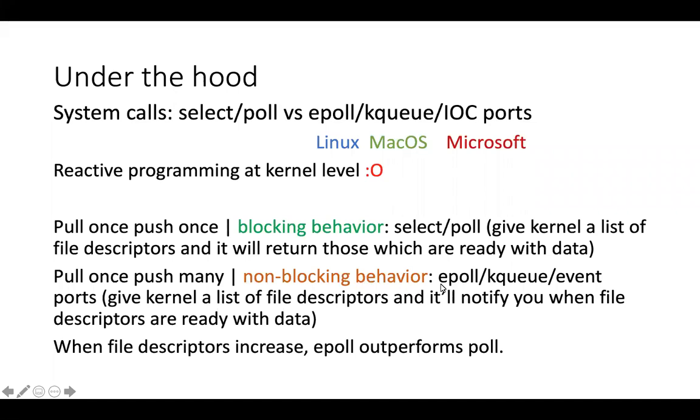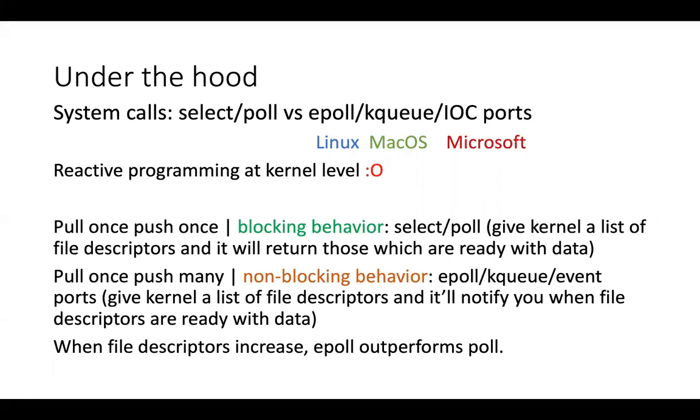So in a nutshell, you can use epoll to get notifications from the kernel for a change in the file descriptor's status, that it is ready to read or write. With select and poll, it was a blocking behavior. You give the kernel a list of file descriptors and it returns those which are ready with data, and that's it. It will not remember those file descriptors.